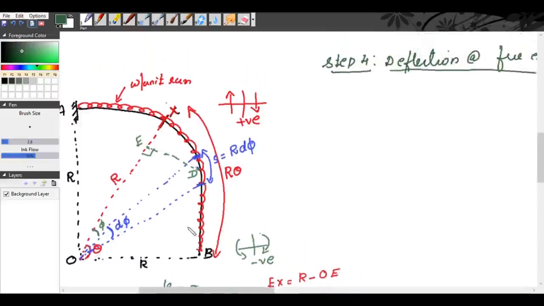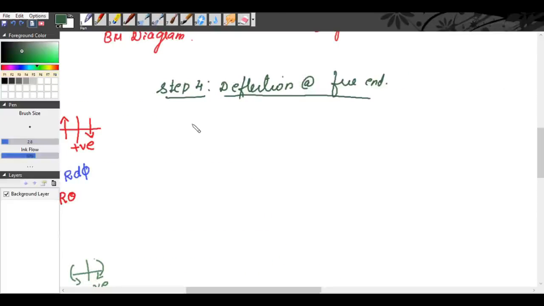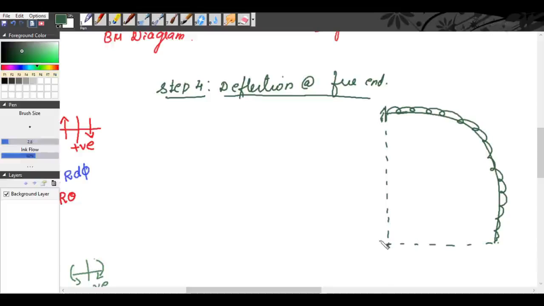So I think we can draw the diagram once again, because otherwise it will be confusing. We will take this point as O, section as X, and we will assume a load W at the free end B. Now we will use the method of strain energy.